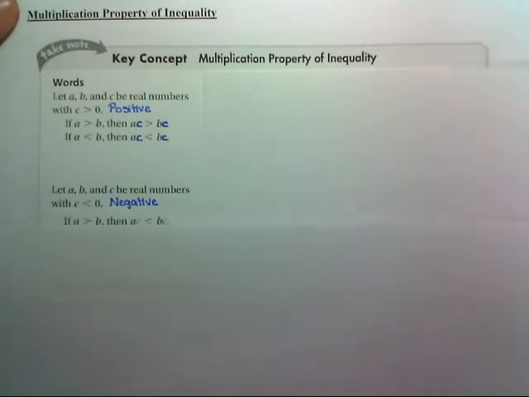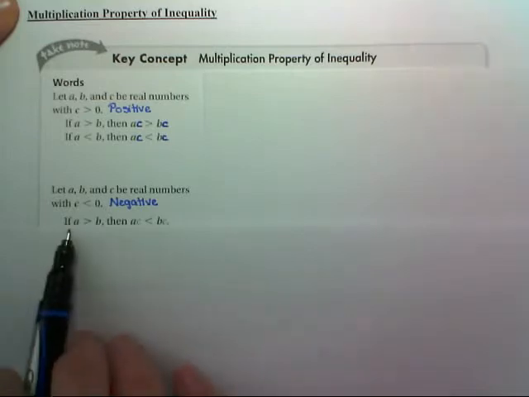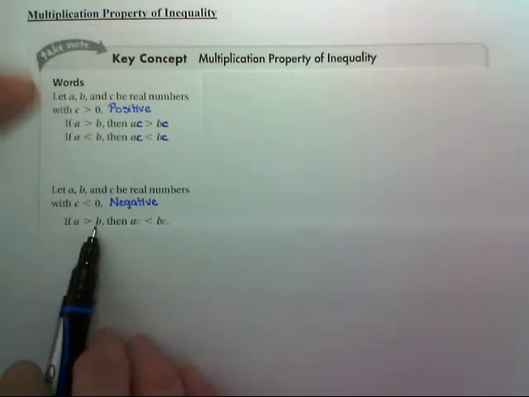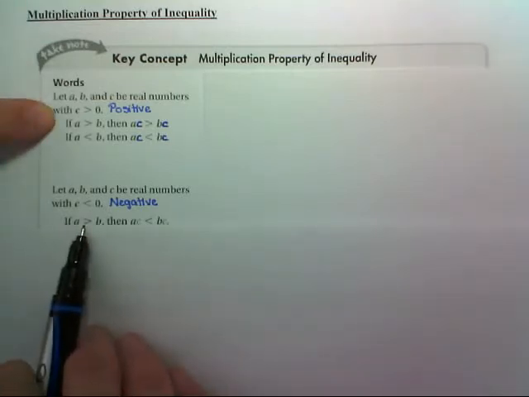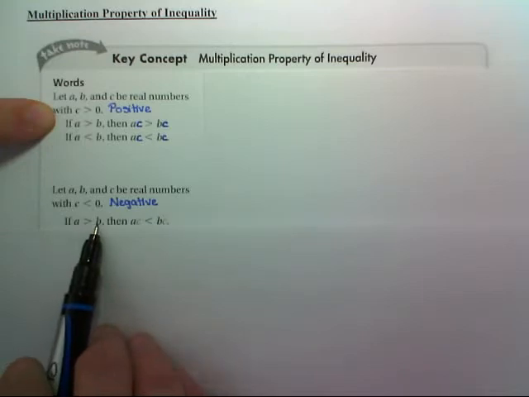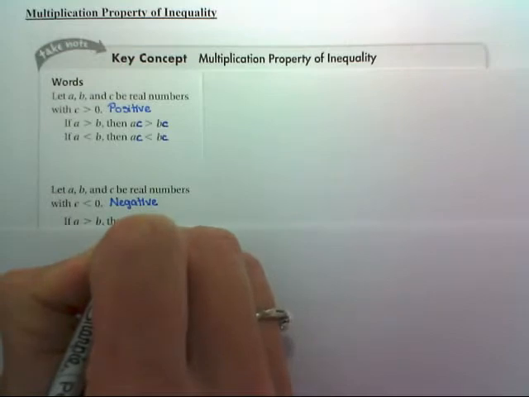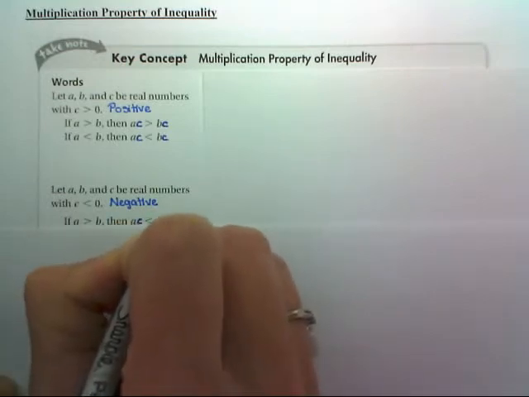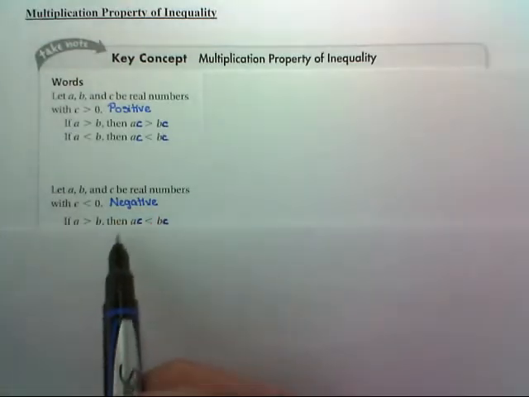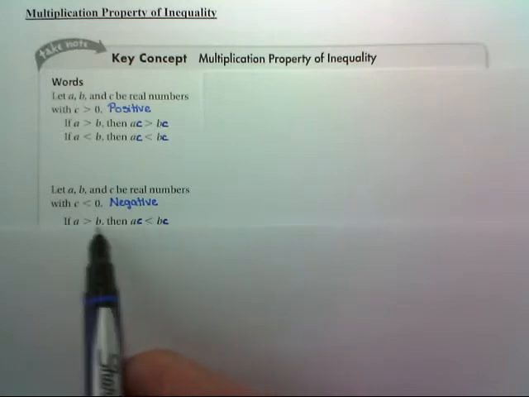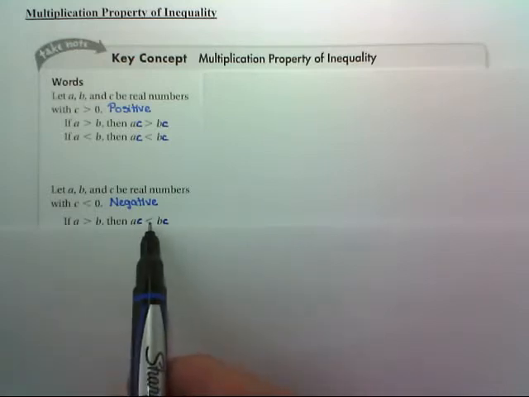So let's look at this first one. If A is greater than B, so similar to what we had up here, A is a larger number than B. If I multiply both sides by C, and this time C is negative, don't forget, look what happens to my inequality symbol. It flips or reverses, whatever is the best way for you to remember that.